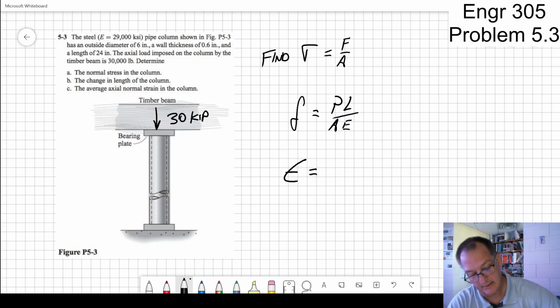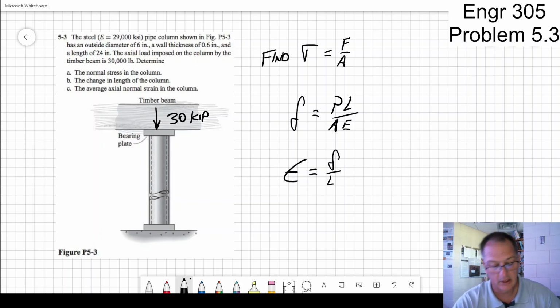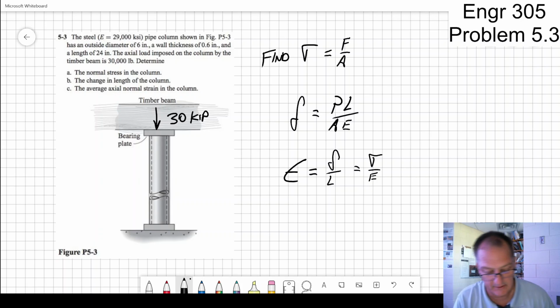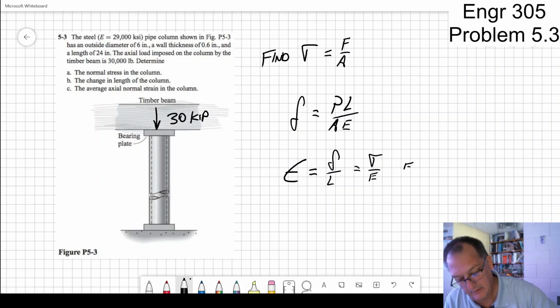I could solve that because I'm going to know delta over L, or I could also look at stress over Young's modulus. Either.